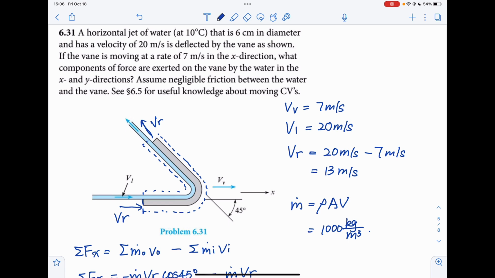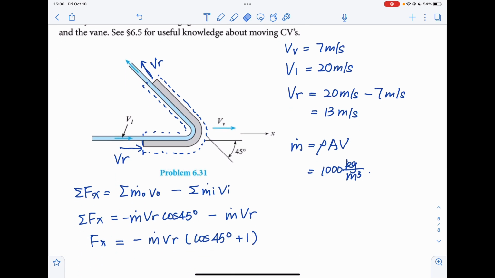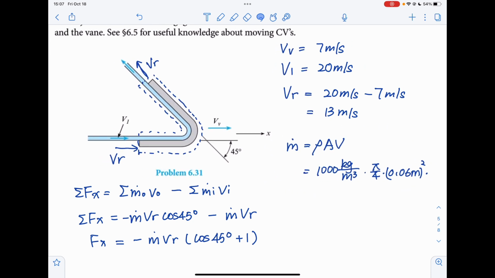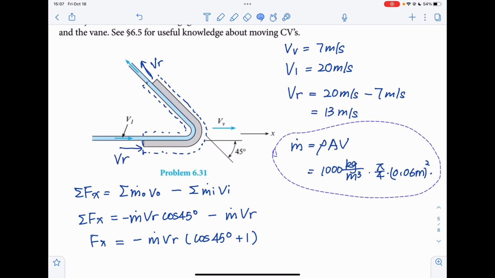We are given that the water jet is 6 centimeters in diameter, so it's pi over 4 times 0.06 meter to the power of 2, times the velocity, which is 13 meters per second.